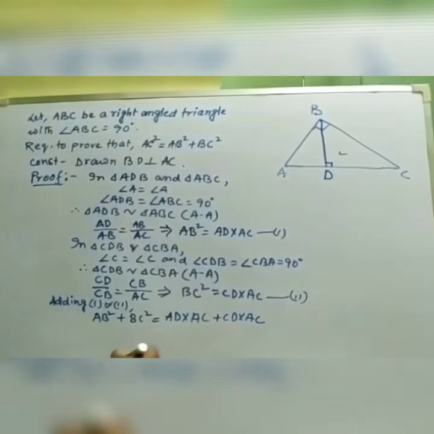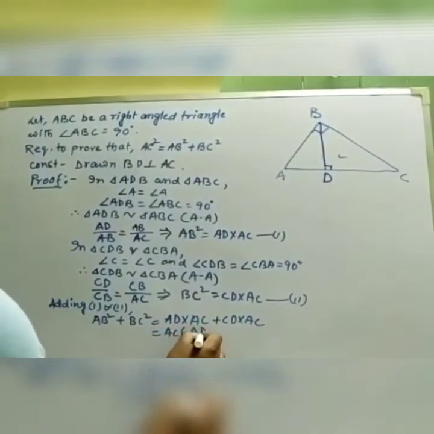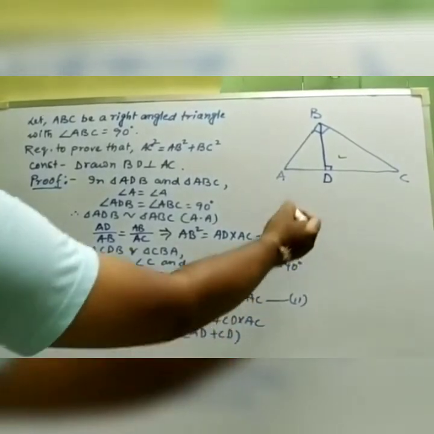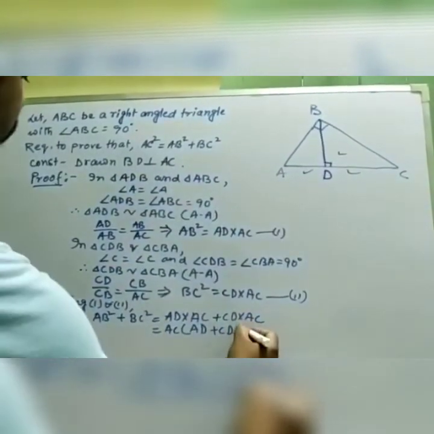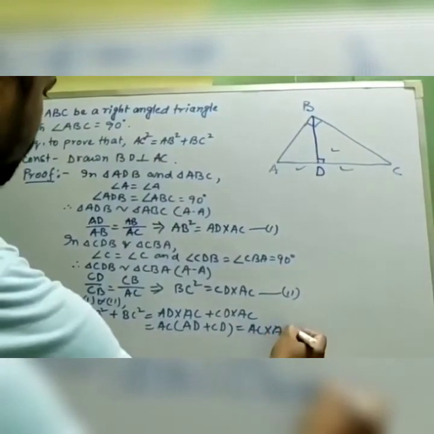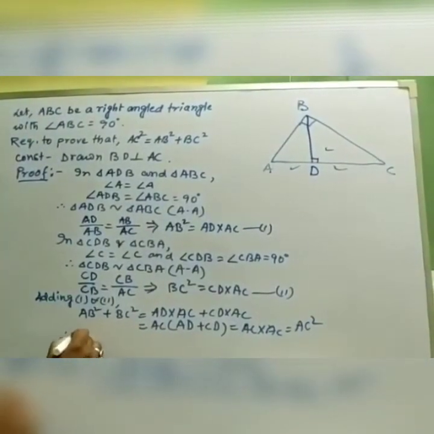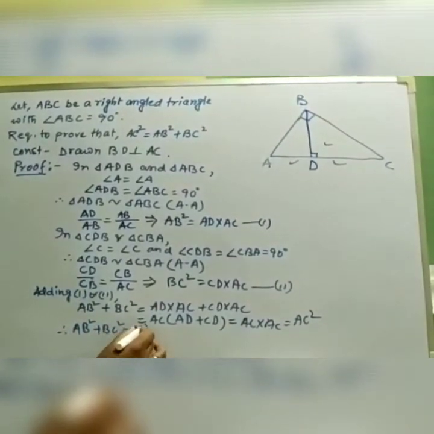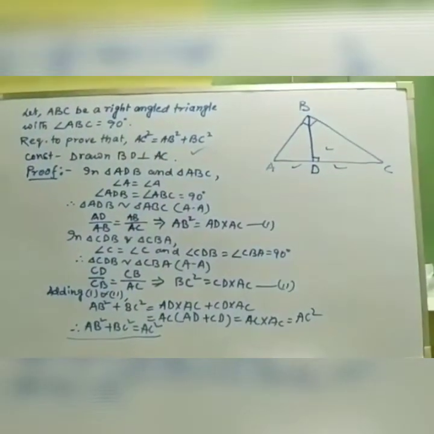You can see AC is common in both parts, so taking AC common, inside the bracket it will be AD plus CD. So AC into (AD plus CD). Now AD plus CD gives the whole line AC. So it becomes AC into AC, that is AC square. So we got AB square plus BC square equals AC square, and this is the proof that we needed for the Pythagoras theorem.